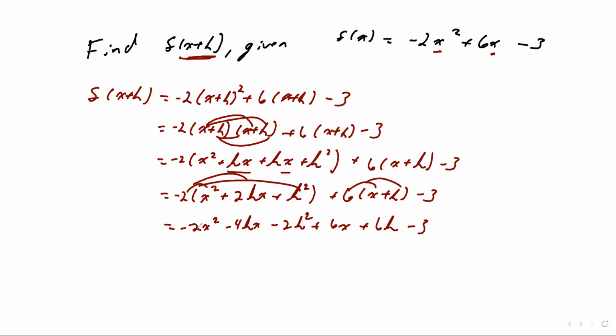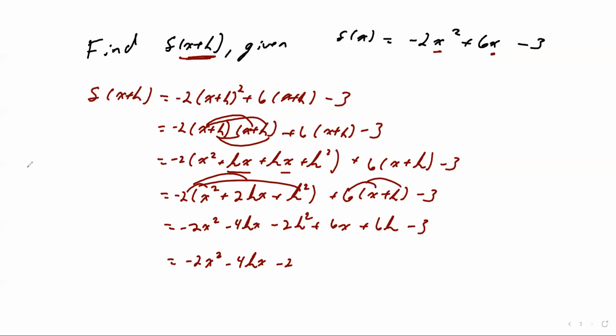Then we'll just combine like terms. There's no specific order here. So I'm just going to look at this first one. I don't see anything to combine with the x squared. I don't see anything else that has an h and an x in it. So that's going to be just minus 4hx. I don't see anything else with an h squared. So that's going to be minus 2h squared. Well, actually, let me just pause here.